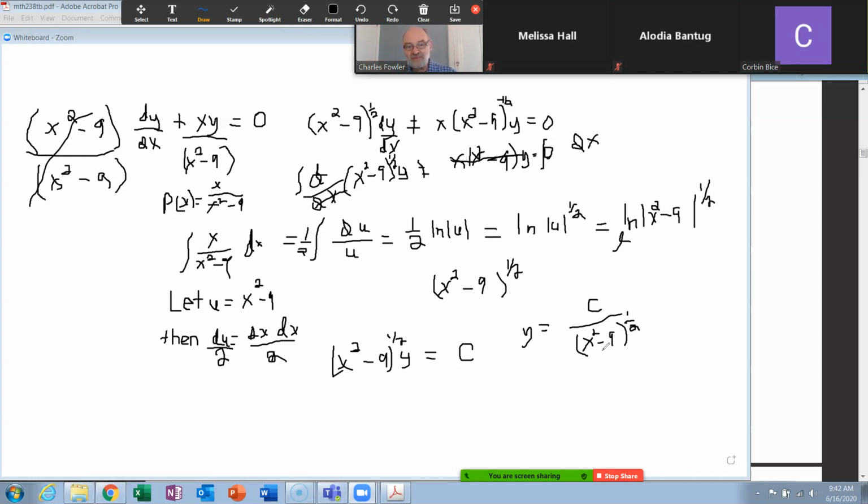Now to the left of the leftmost vertical asymptote, where x is less than -3, can't be equal to -3, so it has to be less than -3. This thing is positive because -4 squared is 16 minus 9. Yeah, that's going to be fine. And you can take the square root of positive numbers. In between -3 and 3 can't happen.